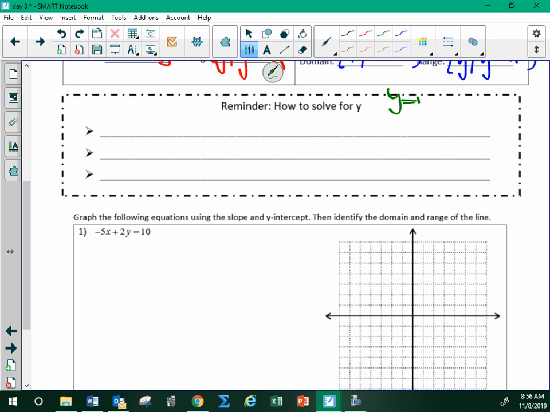We want it in this format. So this is not currently in that format, y equals mx plus b. We want it in that format. So just a reminder, in order to solve for y, you want to add or subtract your x's.